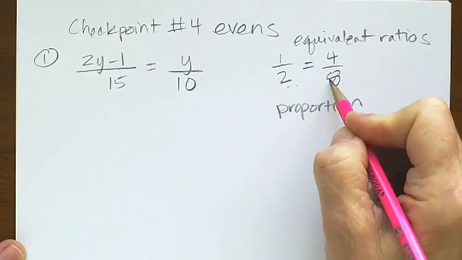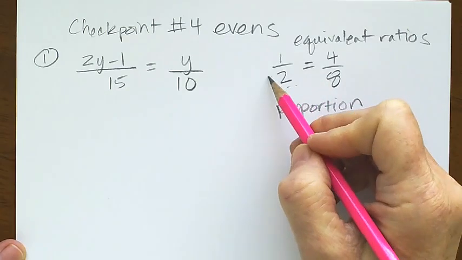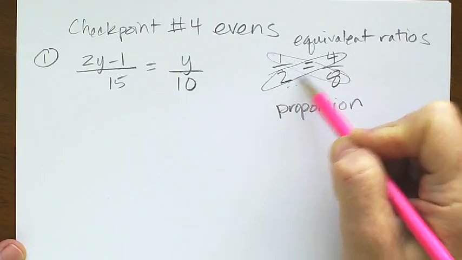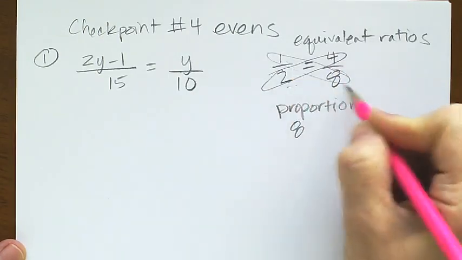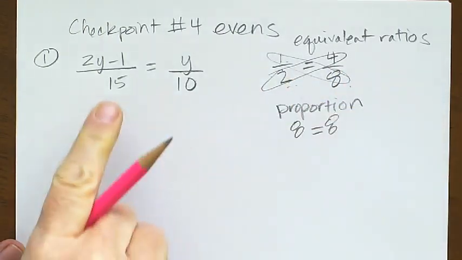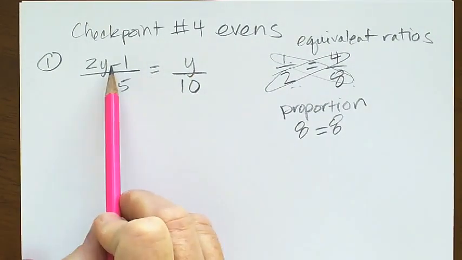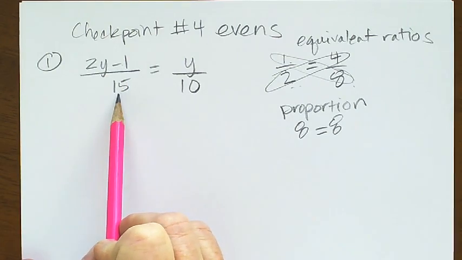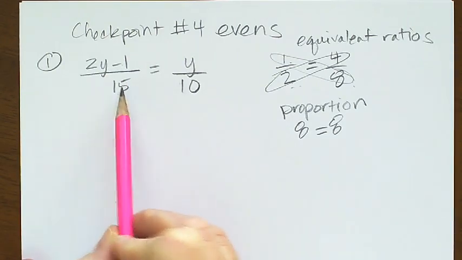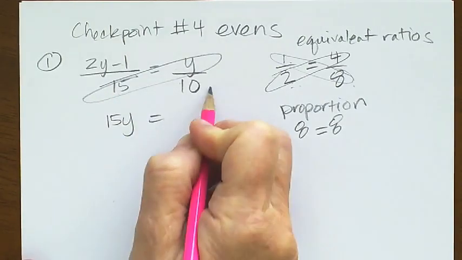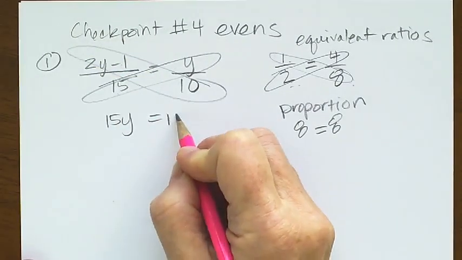And if this is a true statement, it's a fact that this cross product will equal this cross product. 2 times 4 is 8, 1 times 8 is 8. So what you're saying here is, y divided by 10 is equivalent to (2y minus 1) over 15. Well, if that's a true statement, this cross product, 15y, will equal this cross product.